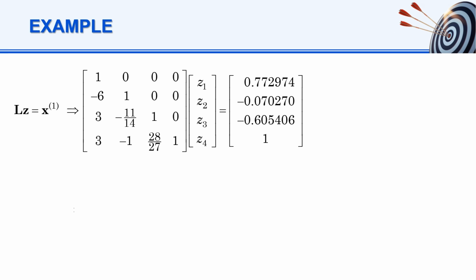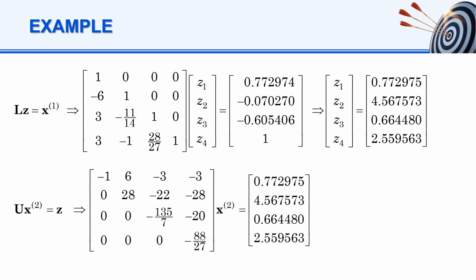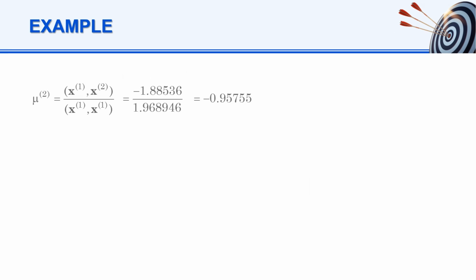We begin the second iteration with the normalized current eigenvector estimate x1 and solve the lower triangular system, Lz equals x1, using the forward substitution algorithm, which gives the following. Then, we solve the upper triangular system Ux2 equals z using the back substitution algorithm, which yields the following. The inner product of eigenvector estimates x1 and x2 yields minus 1.88536.